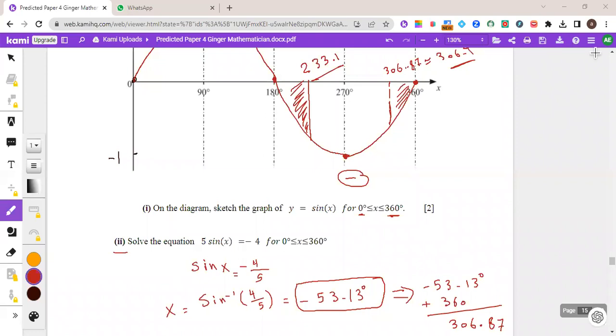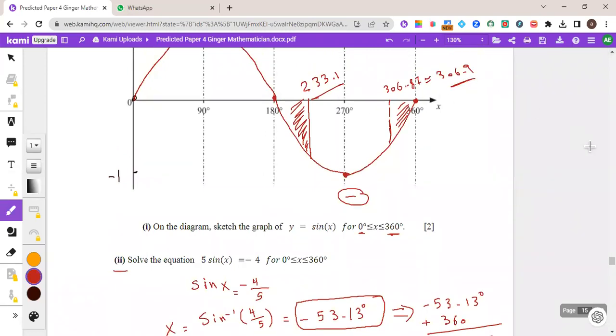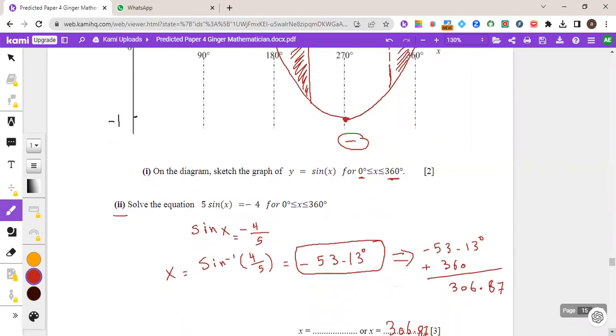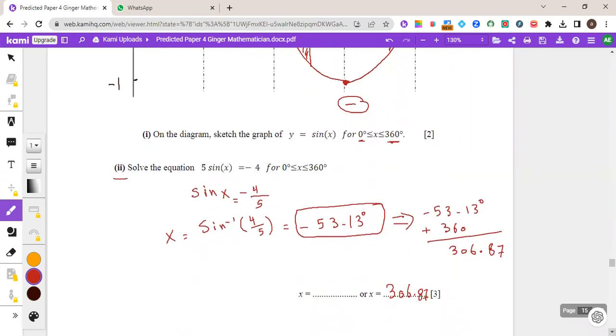So the two angles are 306.9 and 233.1, and it's okay. So the other one is 233.1.